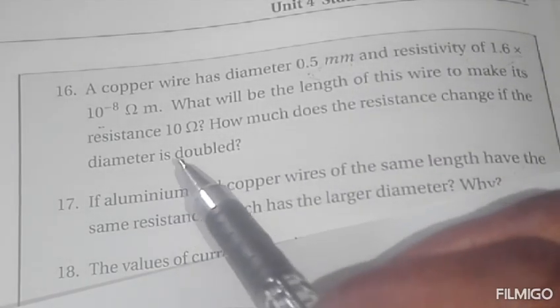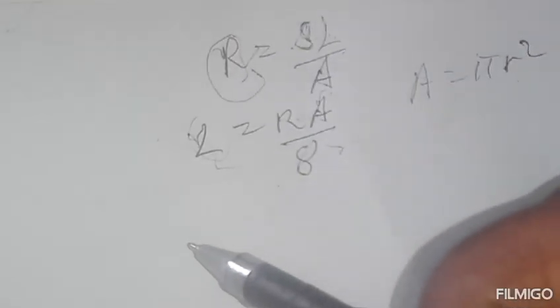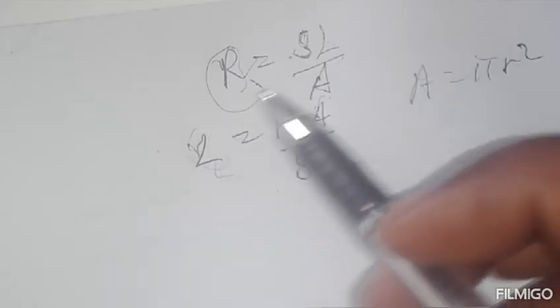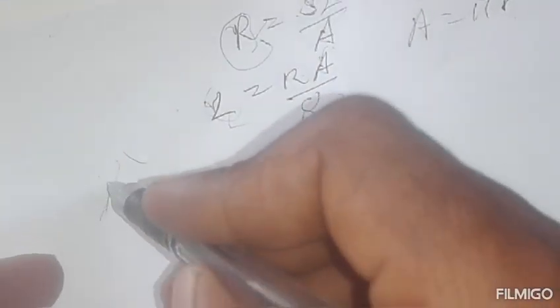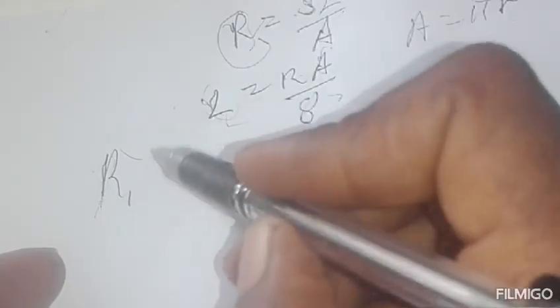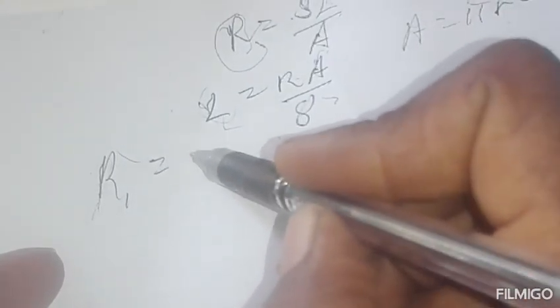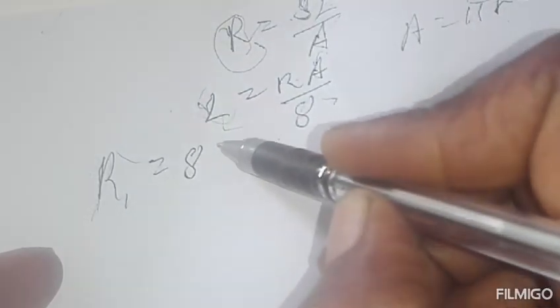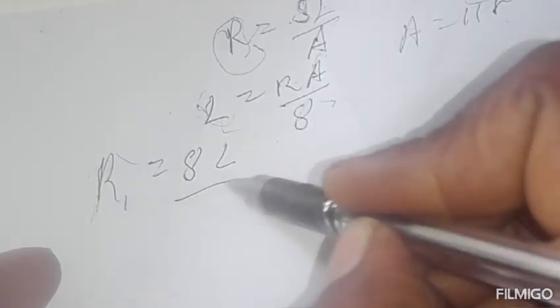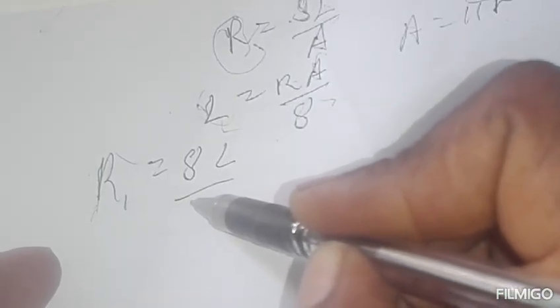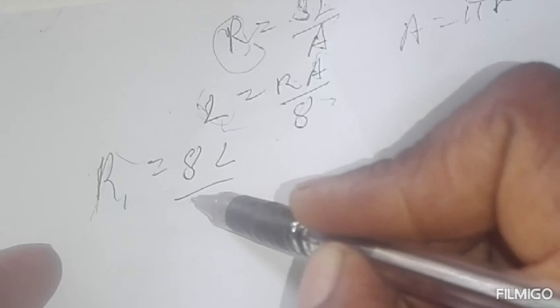ከዛ how much does the resistance change if the diameter is double ነው የሚለን። ዲያሜትሩ ዳብል ቢሆን ሬዚስታንሱ በምን ያህል ይቀየራል ነው የሚለን። If the diameter is double, consider resistance 1 is equal to resistivity of the material times length of the wire over the cross-sectional area.